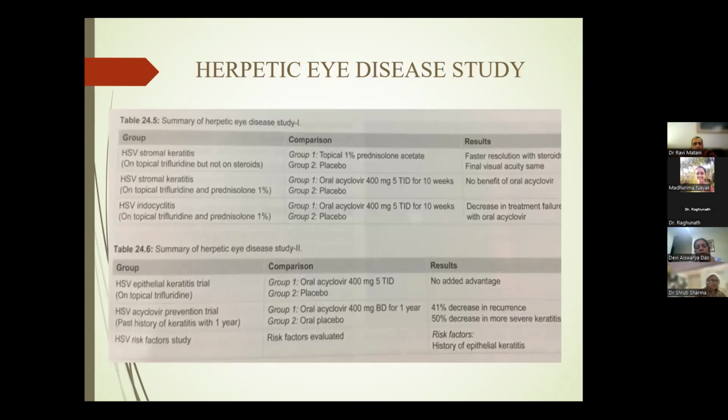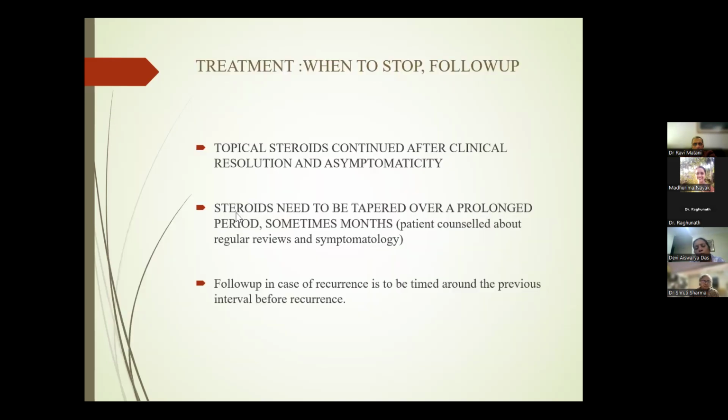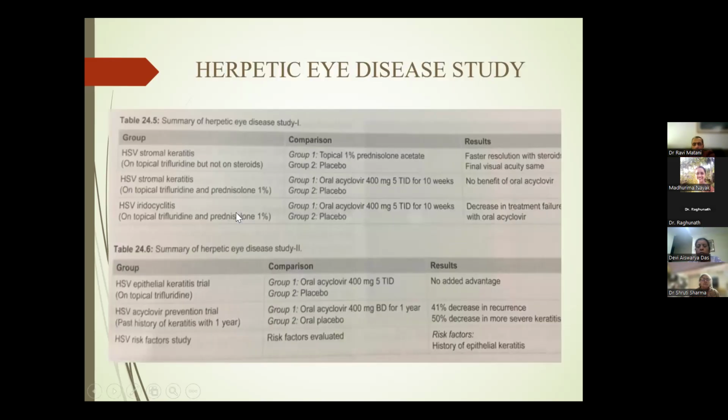Then HSV keratitis patients who were already on topical antivirals and prednisolone: whether adding oral acyclovir in a treatment dose of 400 milligram 5 times daily for 10 weeks had any added benefit. So they put one group on oral acyclovir.